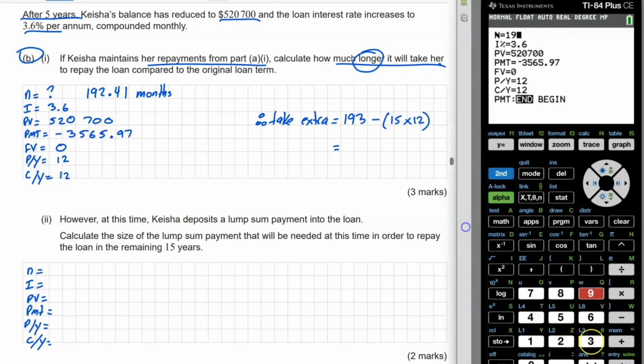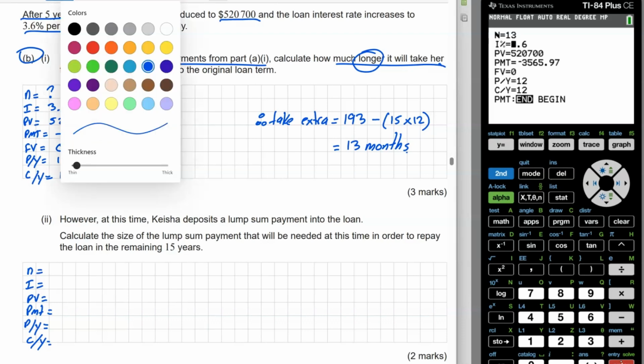Let me just 193 take 15 times 12. So it's an extra, that's not right. Let me just, 193. Oh, that's 93 take 15 times 12. That's better. Take 13 months. So it's going to take an extra 13.